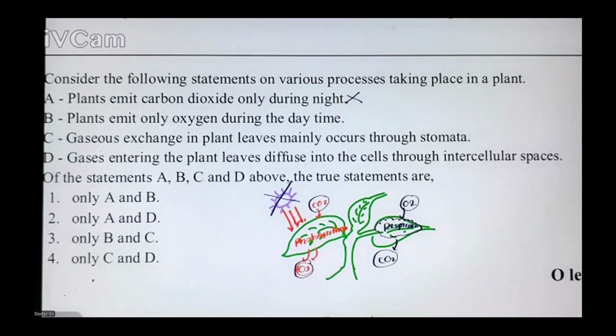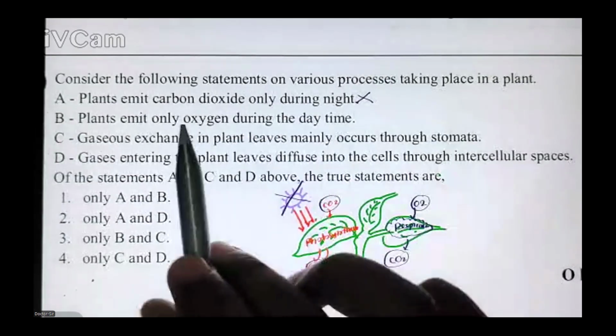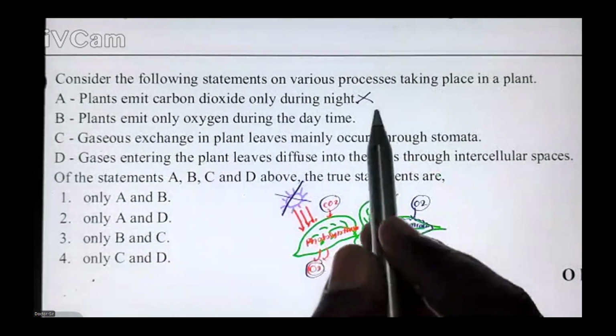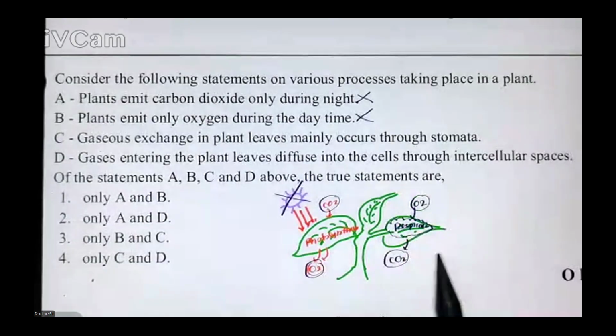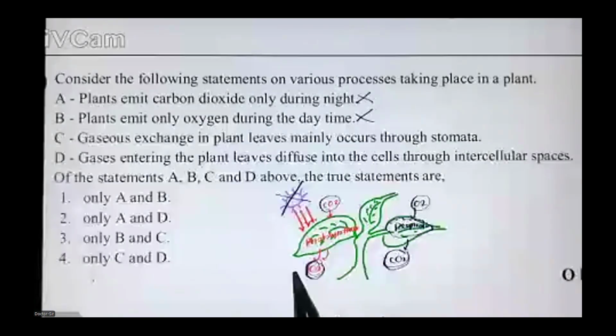Then answer B, the plant emits only oxygen during the daytime. That is also wrong. Why? Not only oxygen, both oxygen and carbon dioxide. But compared to carbon dioxide, oxygen is a little higher.